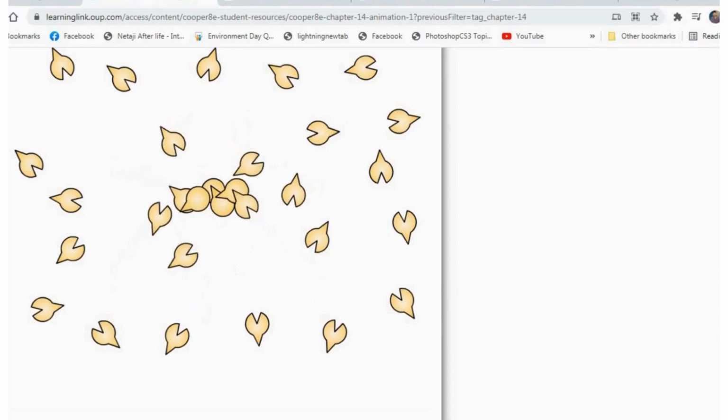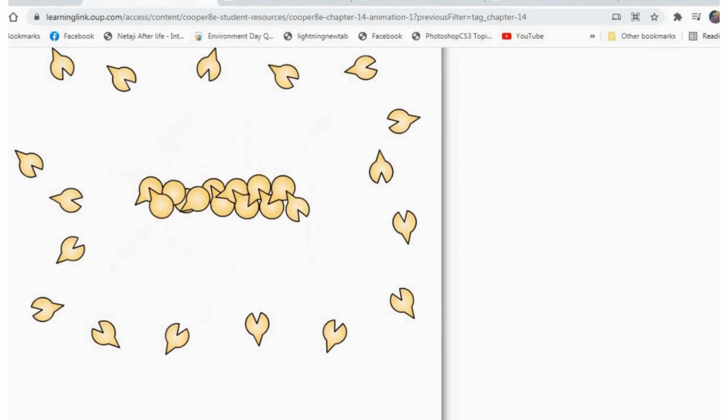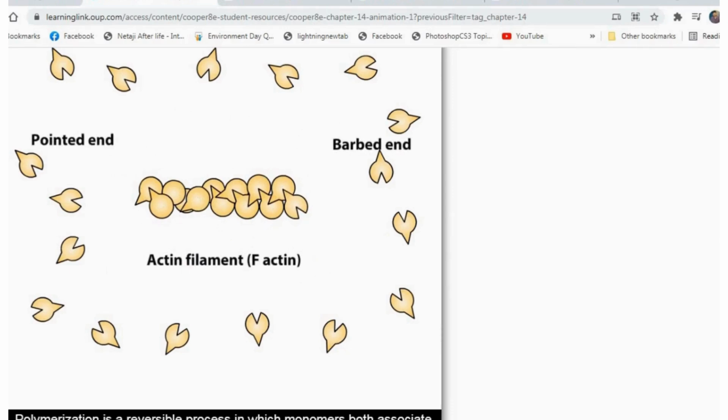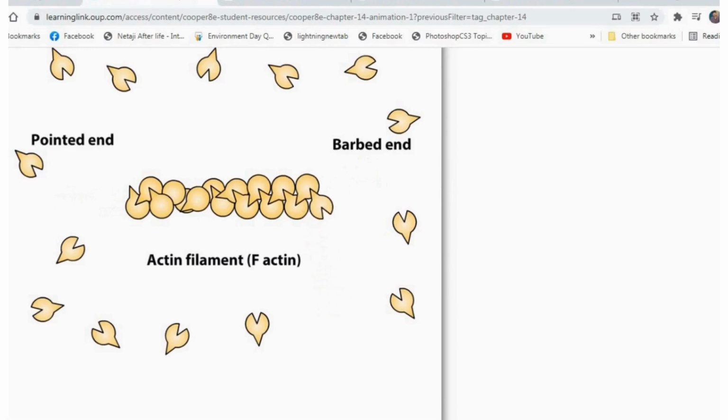The polymerization is reversible and proceeds from both ends, yielding a filament called F-actin. Polymerization is a reversible process in which both monomers or both associate with and dissociate from both ends of the filament.